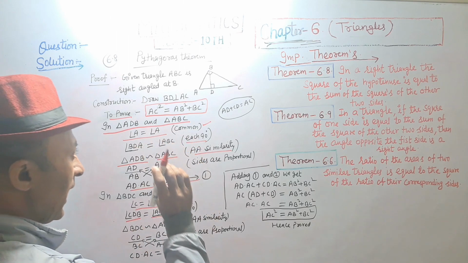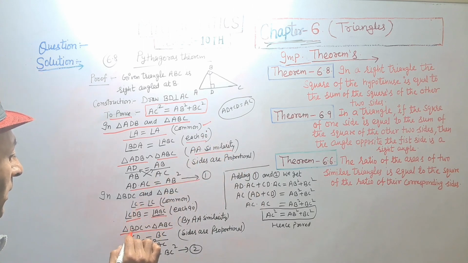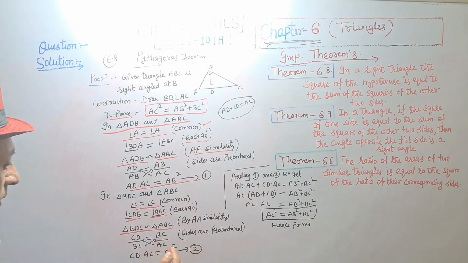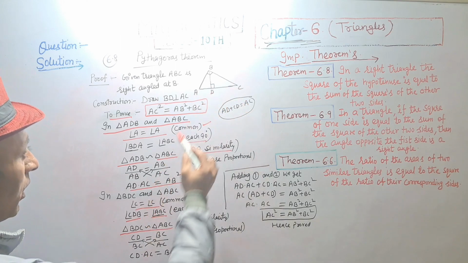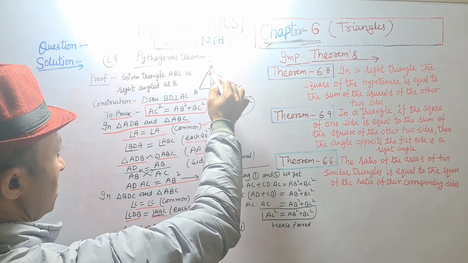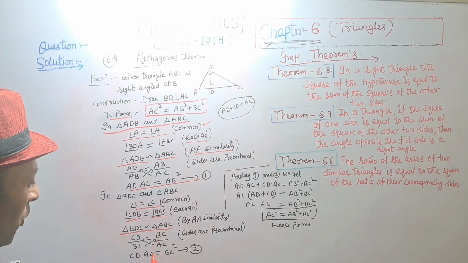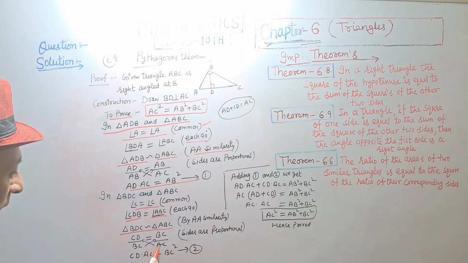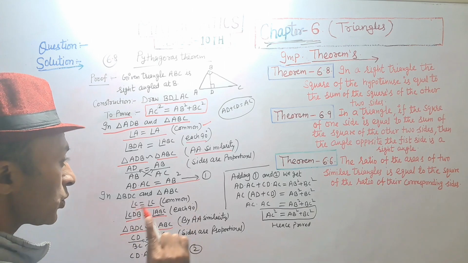So by angle similarity, triangle BDC is similar to triangle ABC. Sides are proportional. CD upon BC is equal to BC upon AC, and CD into AC is equal to BC into BC, that is BC square.